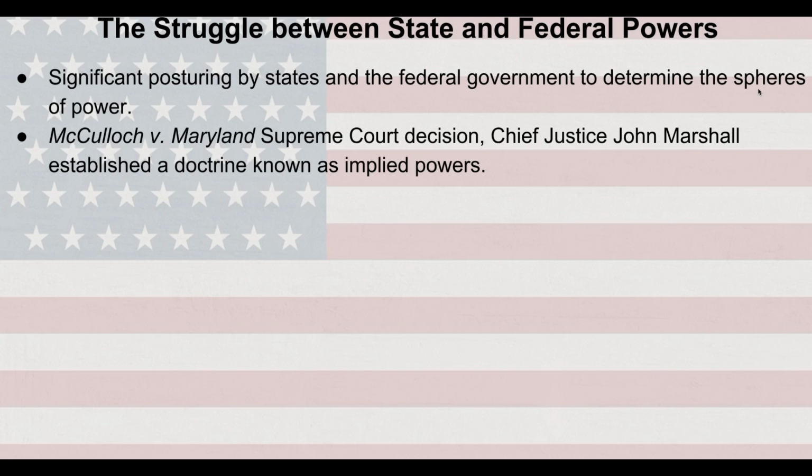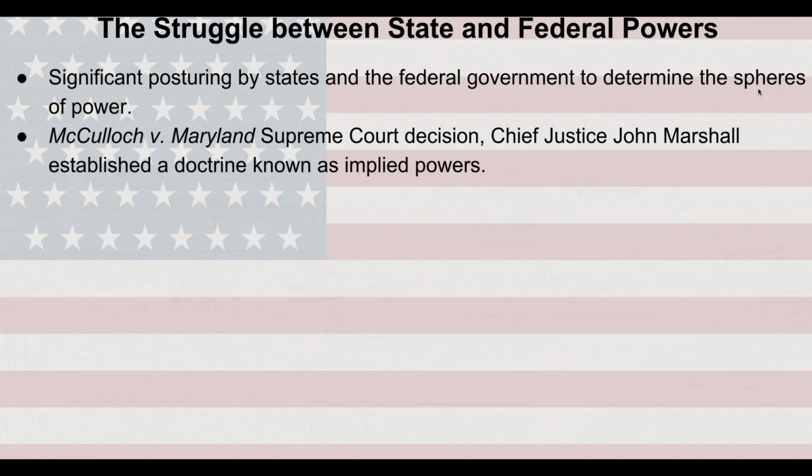It works its way up to the Supreme Court, and the Supreme Court creates a decision that establishes the federal government's ability to create that federal bank, and says to Maryland that they do not have the ability to tax that federal bank.